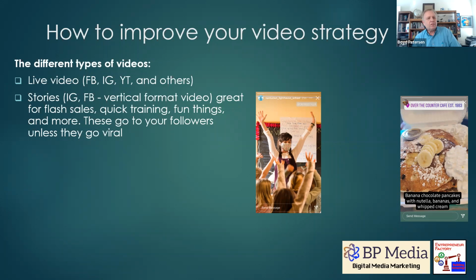There's a few things to it. It is a vertical format rather than a horizontal format like live video is, although you can run live video either horizontal or vertical. With stories, they're only going to be vertical. They're great for flash sales because they go to everyone that's already your customer, or your followers, but it only stays up for 24 hours.